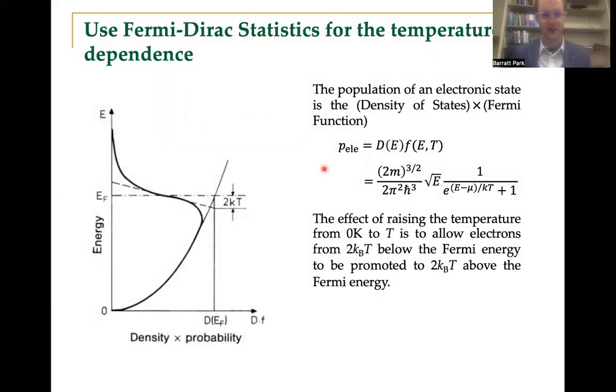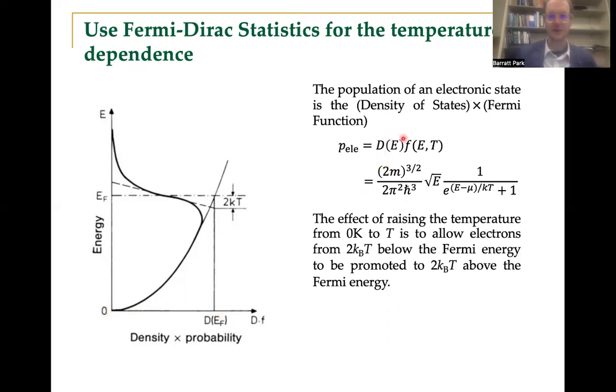Okay, so if you want to know the total number of electrons at each energy, you need to multiply this occupation function, f of E and T, times the density of states at a particular energy. If you do that, this curve is turned over on its side. So energy is on the y-axis, and the probability times the density, the total electron occupation at each energy, is on the x-axis.